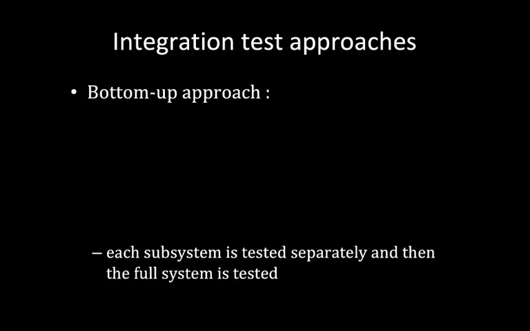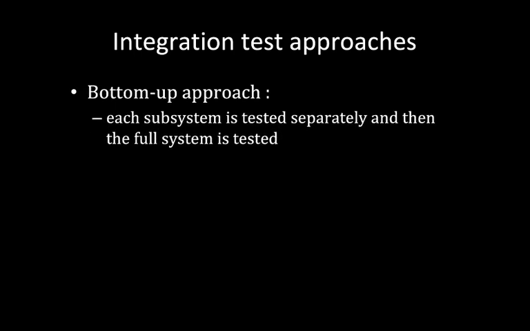Then the second integration approach is known as the bottom-up approach. Here each subsystem is tested separately and then the full system is tested. That is, we start from the bottom. If there are 2 or 3 modules at the leaf nodes, we integrate those modules to make a subsystem and test that.